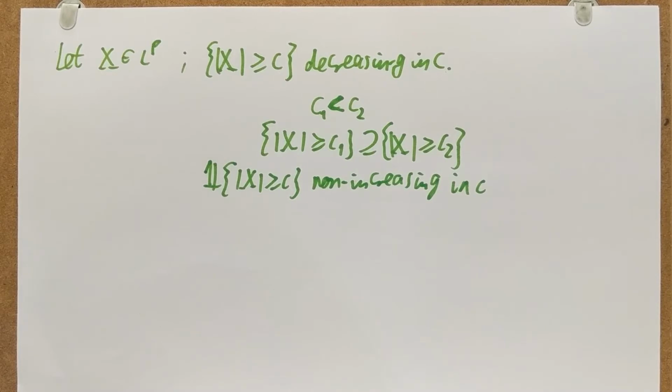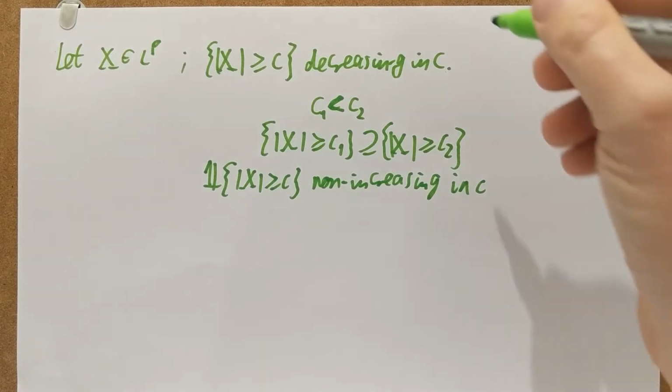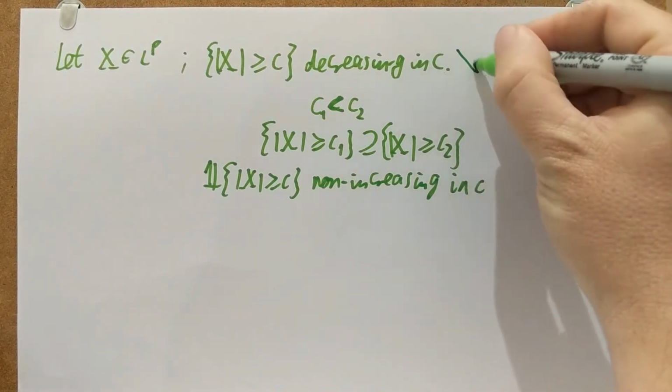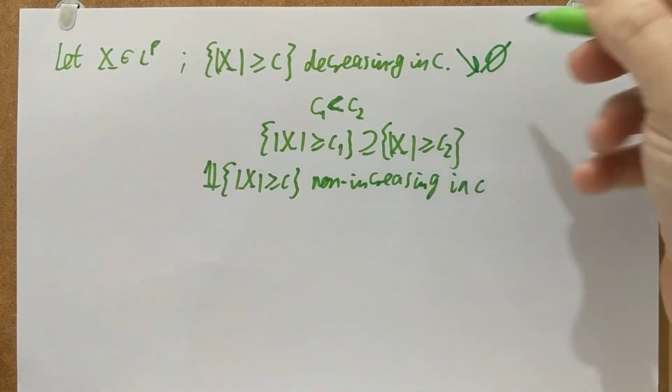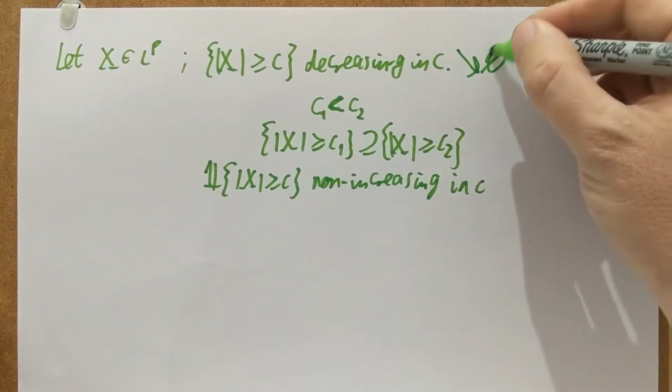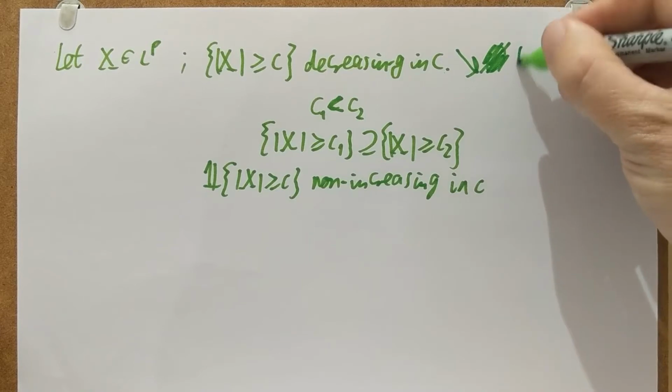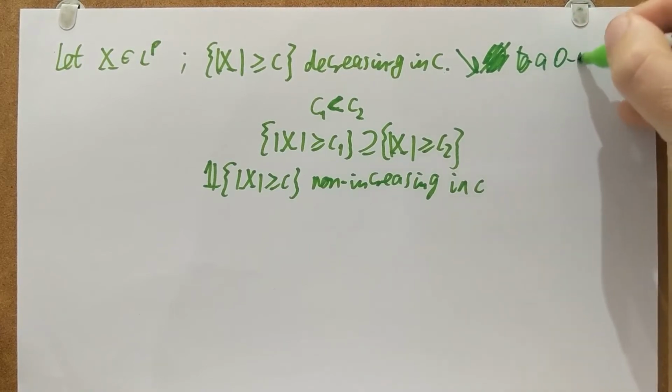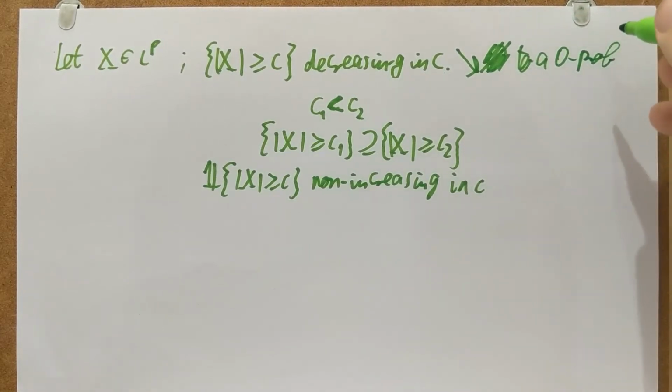And also the intersection of these events for all c is that X equals infinity, which is a probability 0 event. So these events are decreasing down to a 0 probability event.